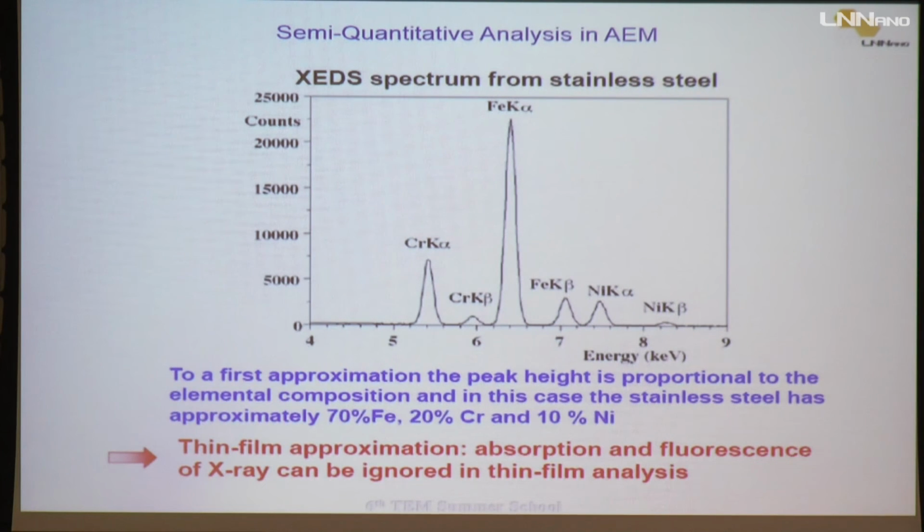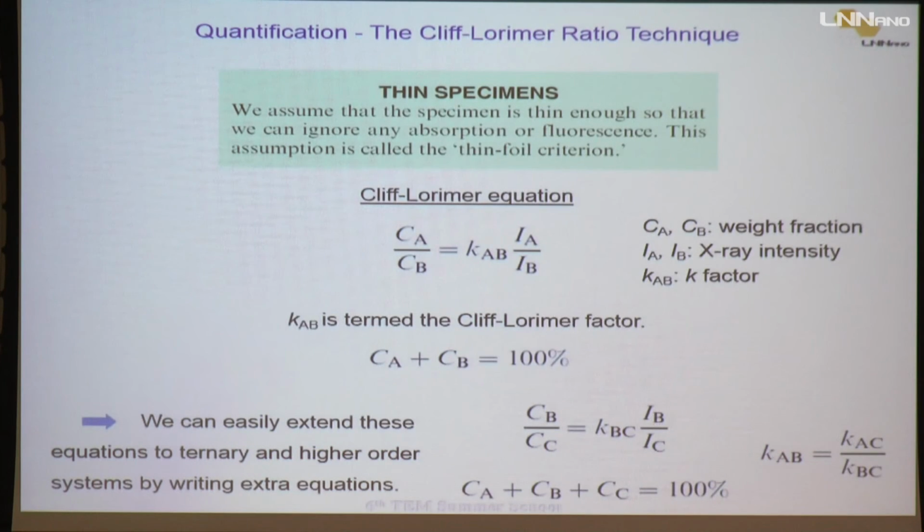You just have the influence of the atomic number generating the characteristic signals. You don't need to take care of absorption and fluorescence. This is why you can do it very easily. Don't do it in the SEM sample, please. You always need to have a thin specimen.